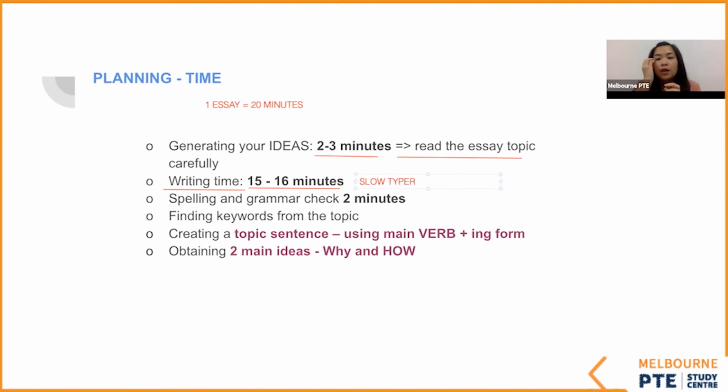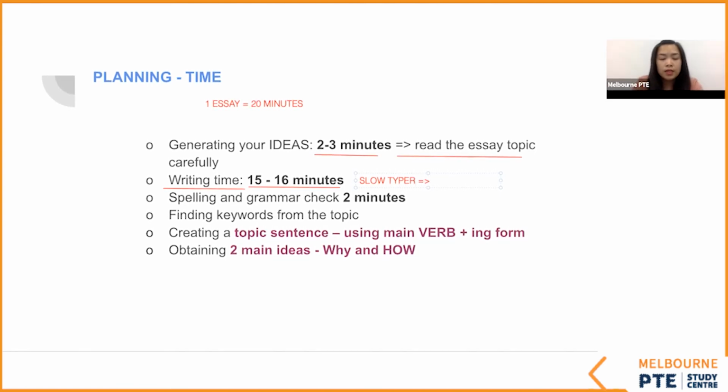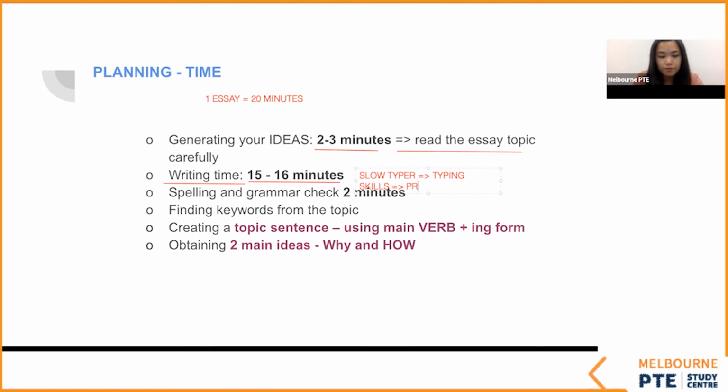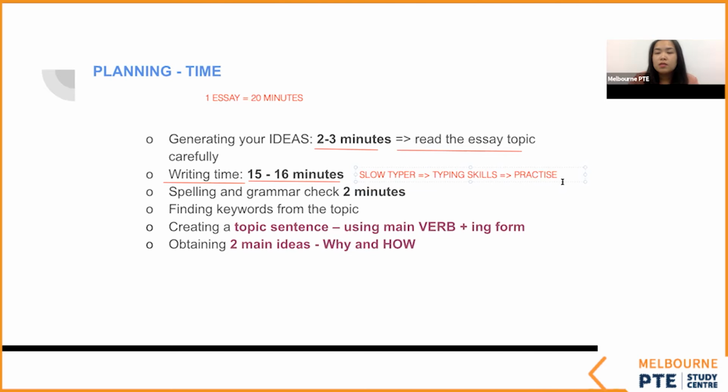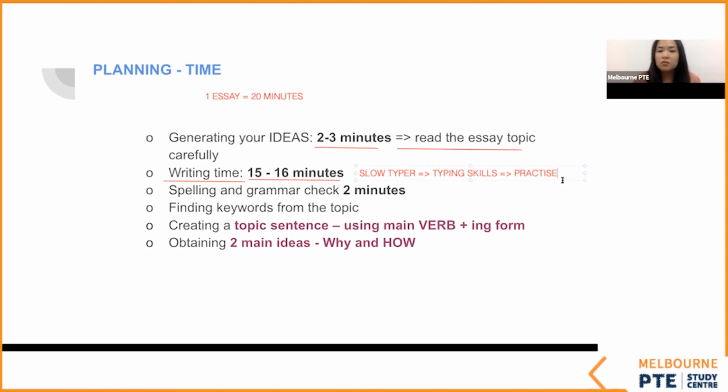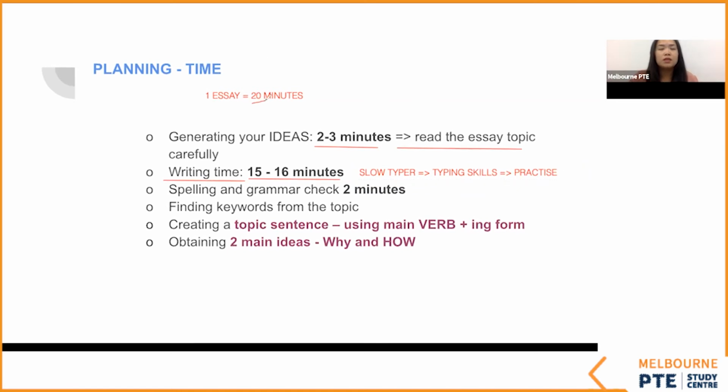Okay, if you are a slow typer, the one thing you can do to improve your typing skill is practice. All right, you can only improve your typing skill through practice. So that's how you can type faster. Okay, because if you type very slowly, you won't be able to finish your essay before 20 minutes. So that is something I want you to remember.